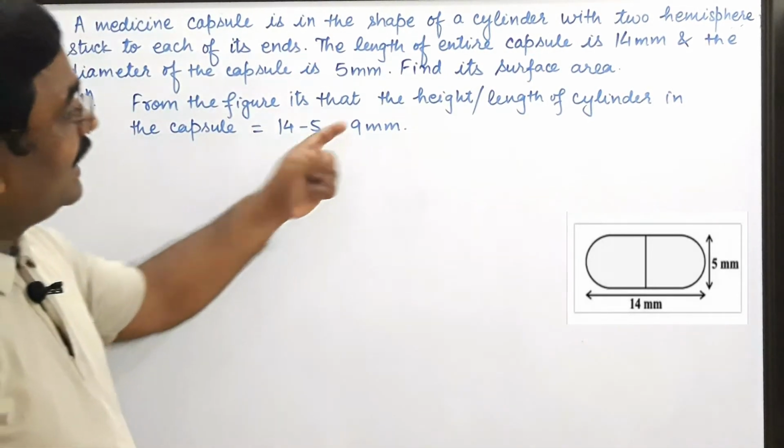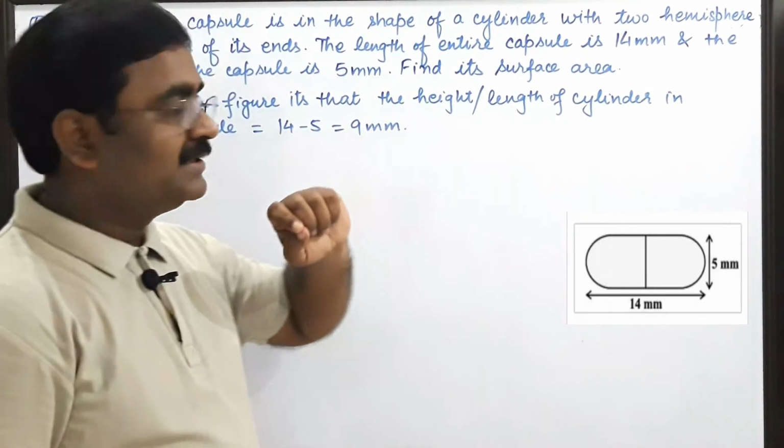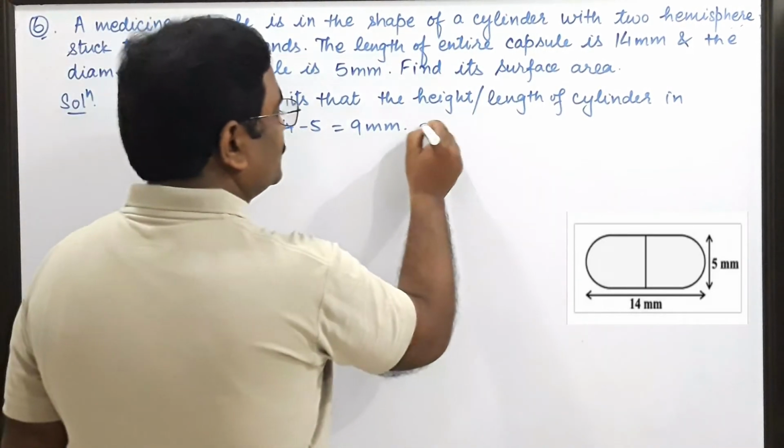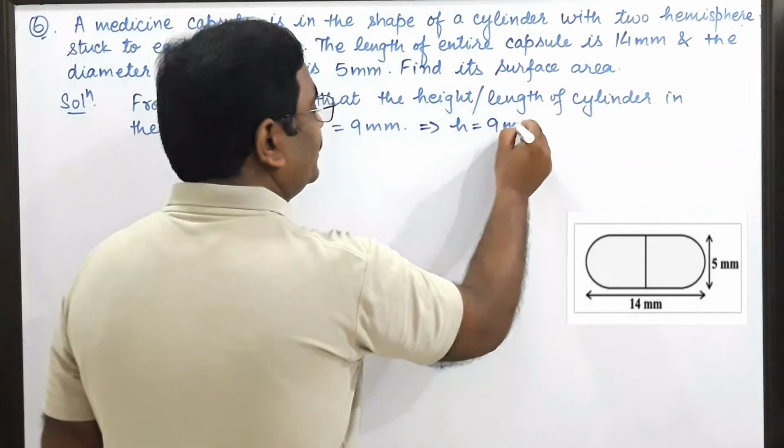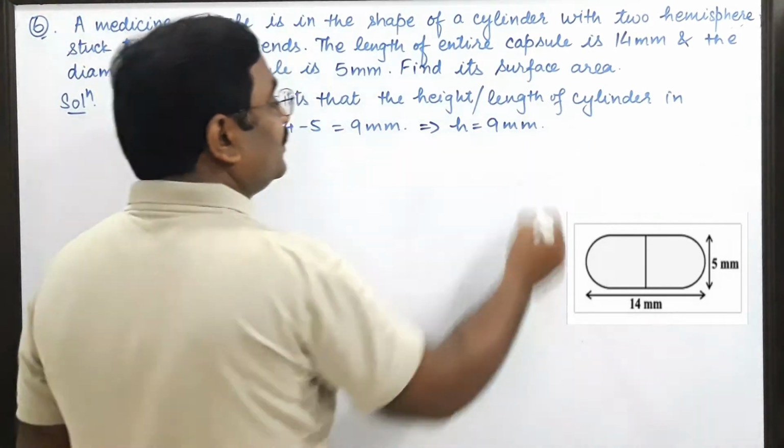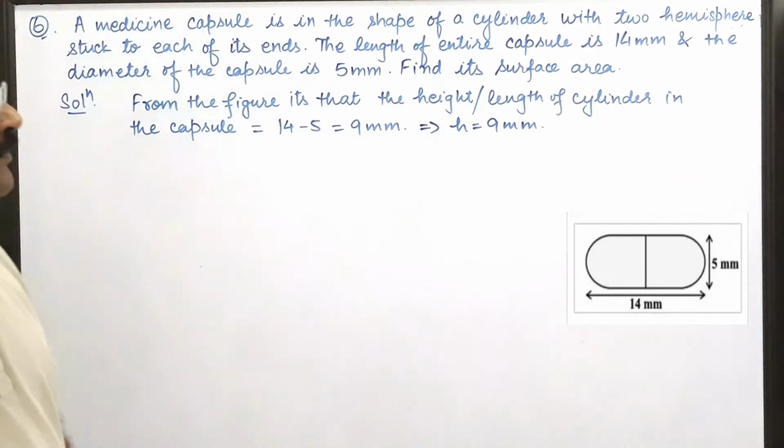So this is the height you can say or the length you can say. Therefore the height h is equal to 9 millimeter, which is of the cylindrical part, right?